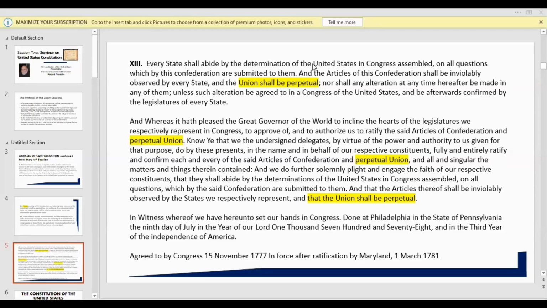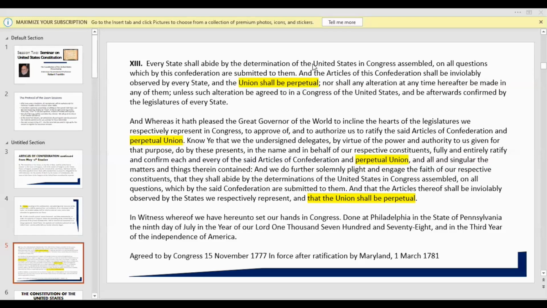The union shall be perpetual. What did they mean by this? The states, once they entered this union, it was like a marriage that there is no divorce from. You remain in it forever. This will not be repeated in the US Constitution.